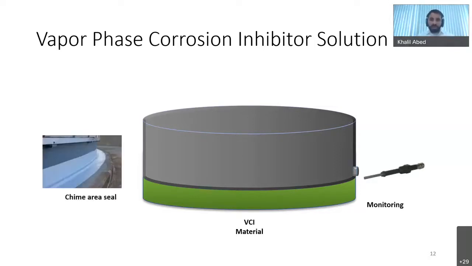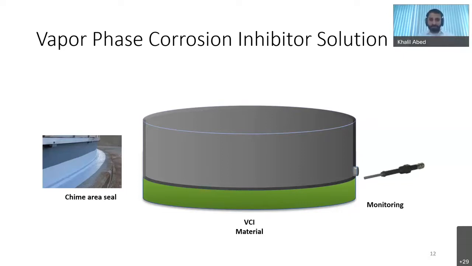The third component is a chime area seal system to close the gap between the annular plates and the ring wall. The fourth is the delivery system, on how you can introduce the vapor phase corrosion inhibitor slurry, liquid, or powder. So these are the main components of an engineered system: closing the gap, monitoring the corrosion, and applying an active corrosion protection method, which is the vapor phase corrosion inhibitor.